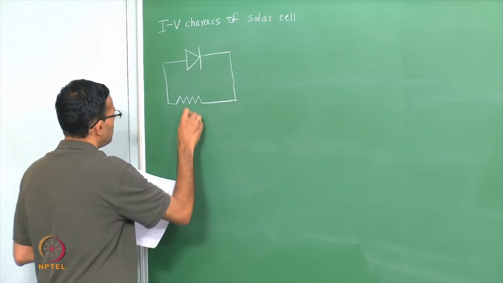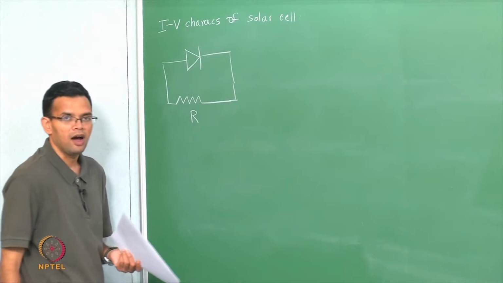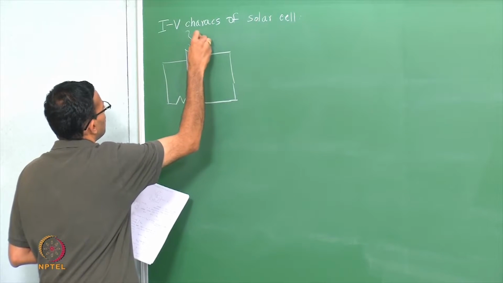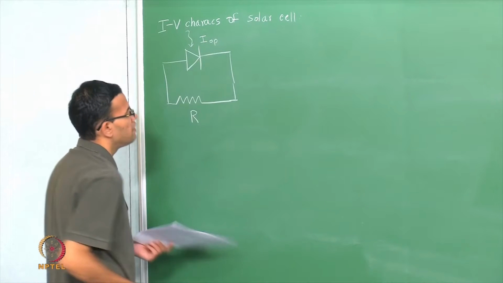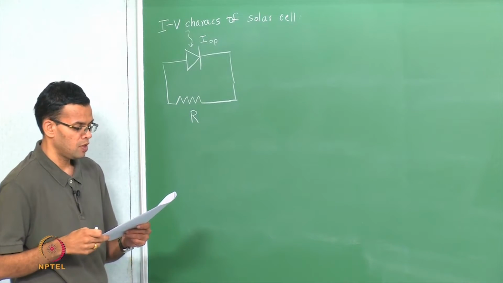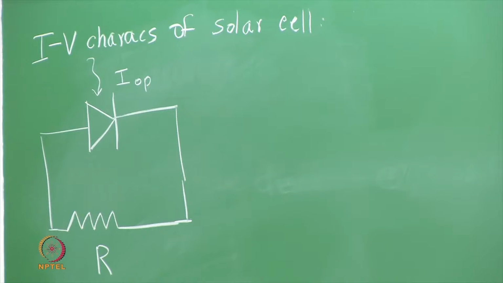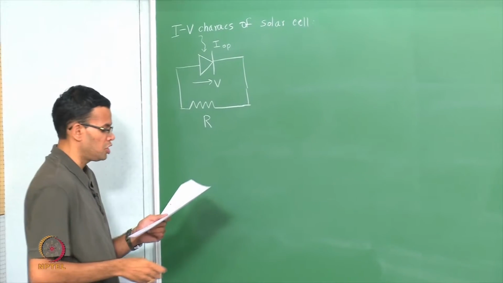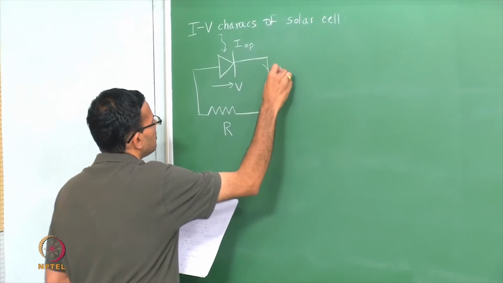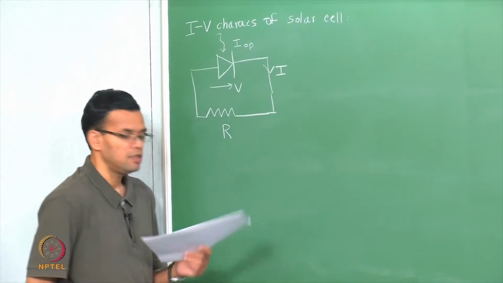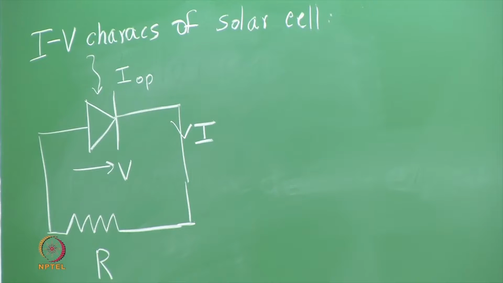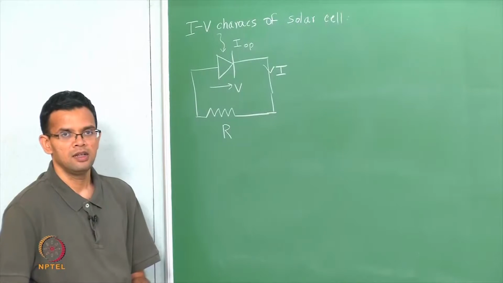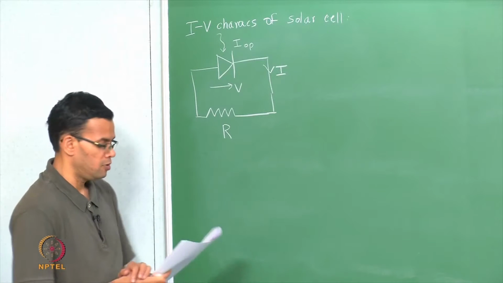The external load is defined by a resistor R, and you have some incident light of certain intensity given by I op. There is a built in voltage within your p-n junction and also a current that flows through the device. So, this is a schematic representation of a solar cell that is connected to an external load.